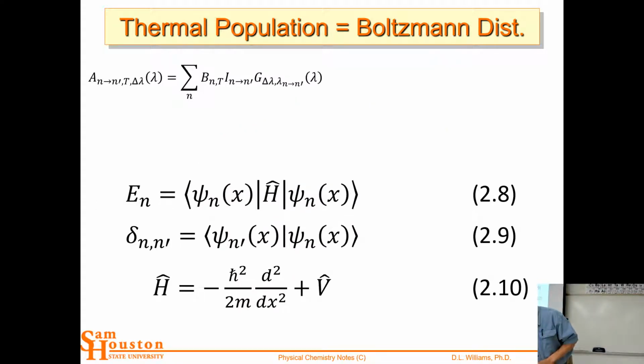Okay. And then we get to the energies. Because the Boltzmann factor had energy in there, how do we solve for the energies? That's where Schrodinger's equation comes in. And so this is the Schrodinger equation right here. So the energies of the system are solved for by Schrodinger's equation.